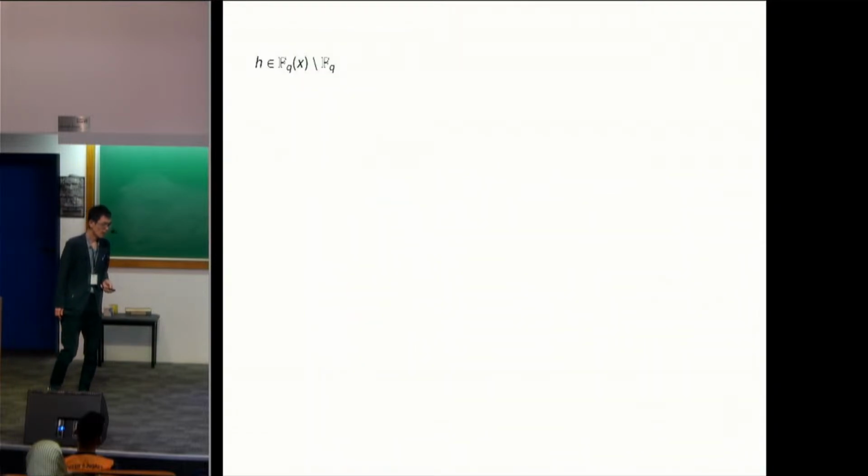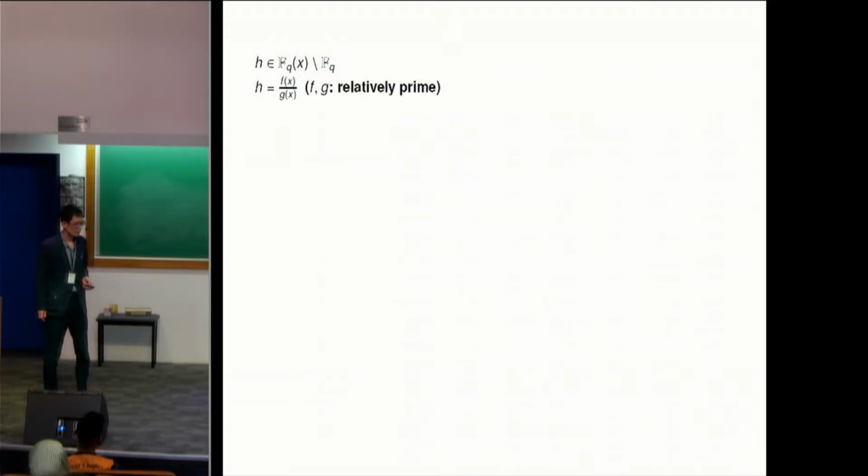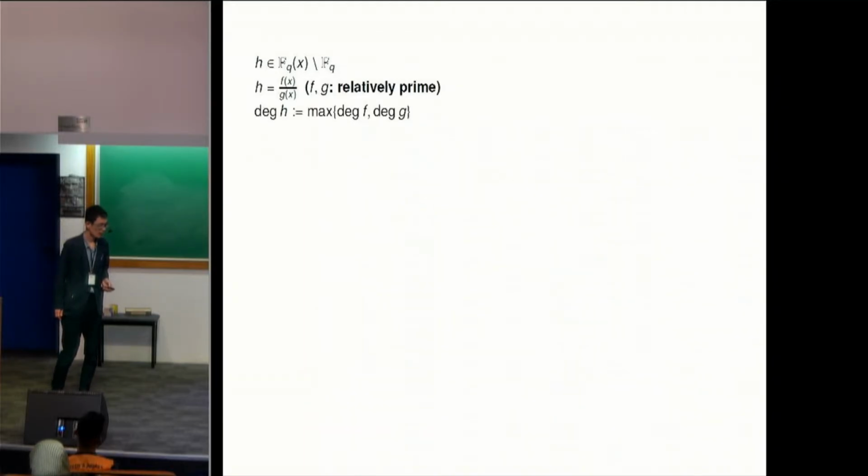We consider rational functions over a finite field. H is represented by f(x) over g(x), where f and g are relatively prime. The degree of H is defined as the maximum of degree f and degree g.